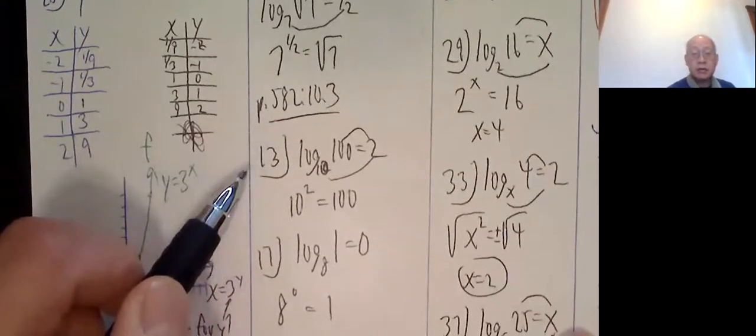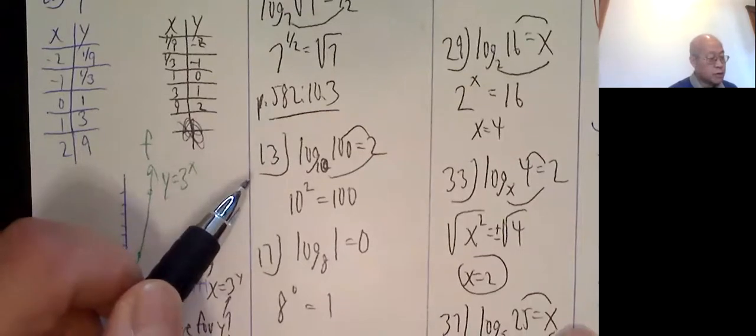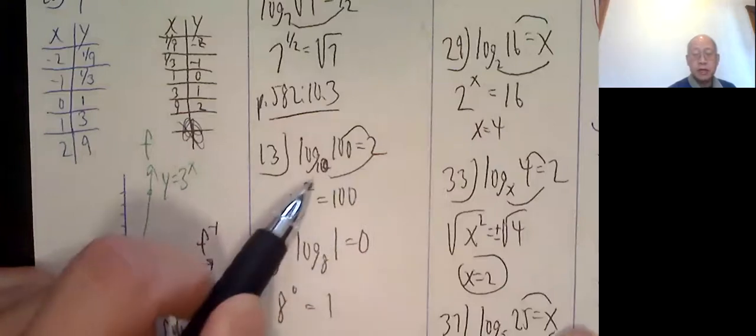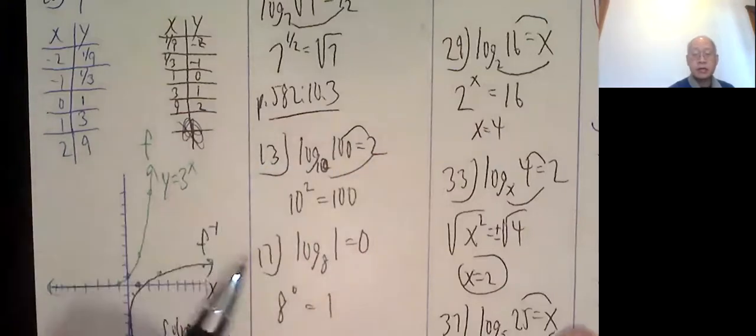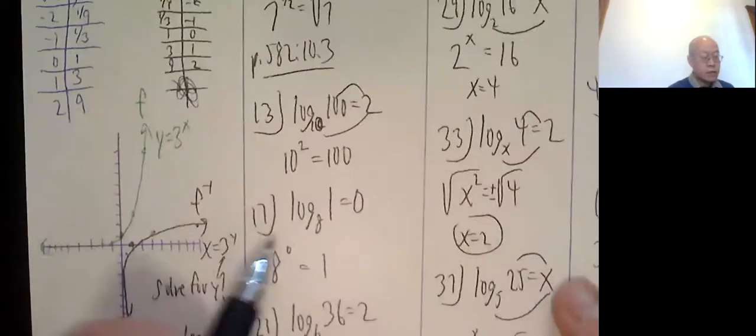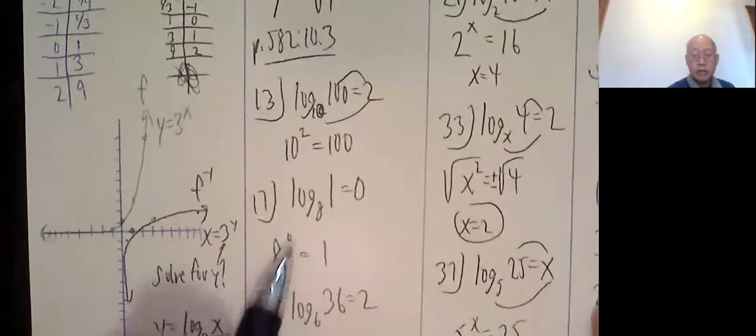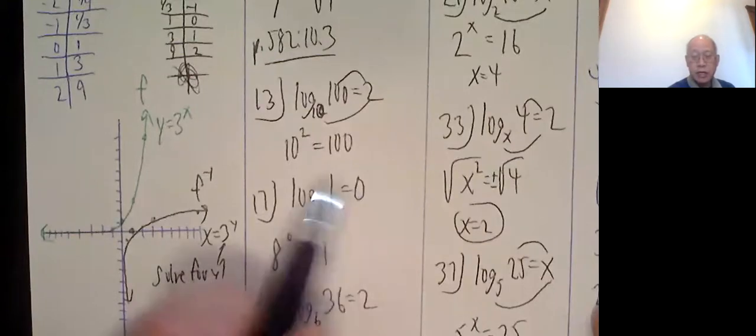Okay, so let's try some problems here. Problem 13. Log base 10 of 100 equals 2 means 10 squared is equal to 100. Okay. Log base 8 of 1 equals 0 means 8 raised to the 0 power equals 1.